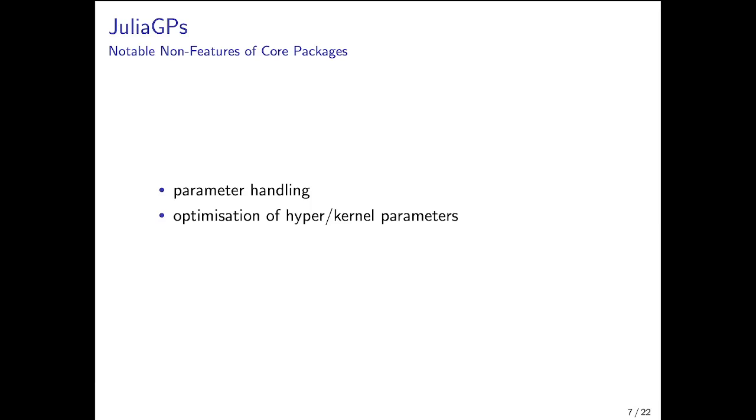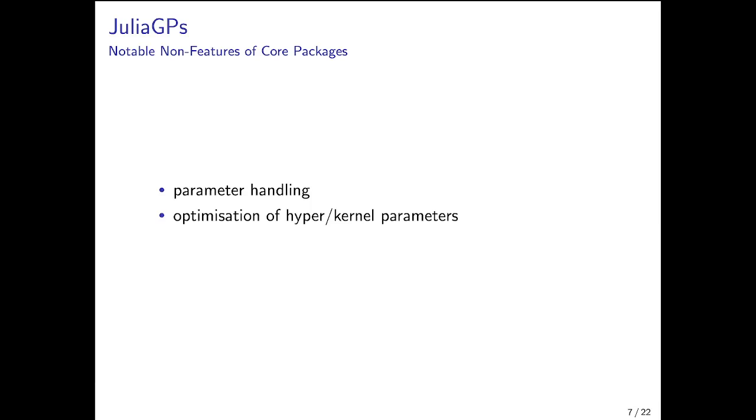So a common pattern you'll see throughout the ecosystem is we'll provide some GP functionality and then we'll provide an example that shows how to combine this with Zygote and Optim and parameter handling to solve a standard problem. And the hope is that from there you can see where to go to solve your problem.